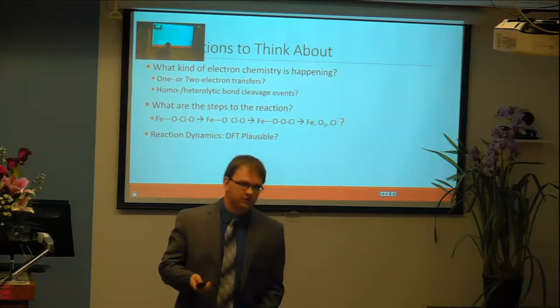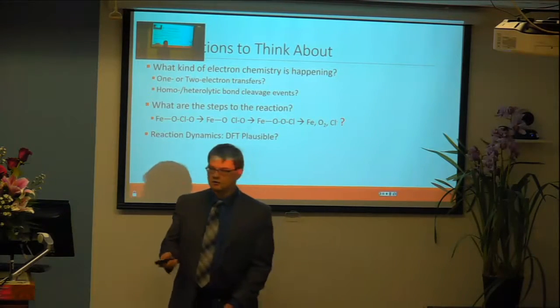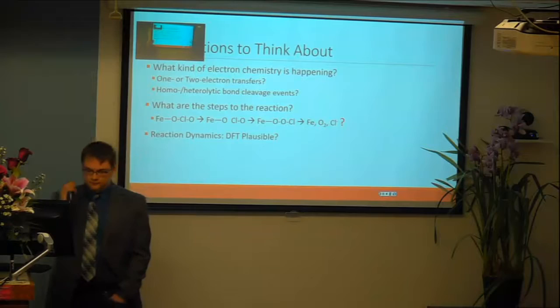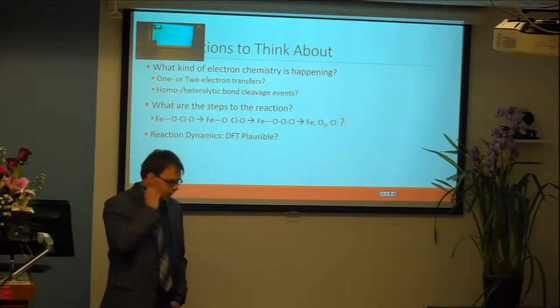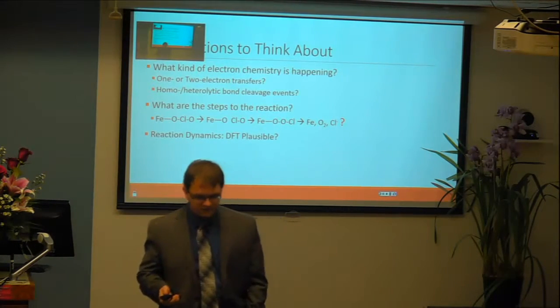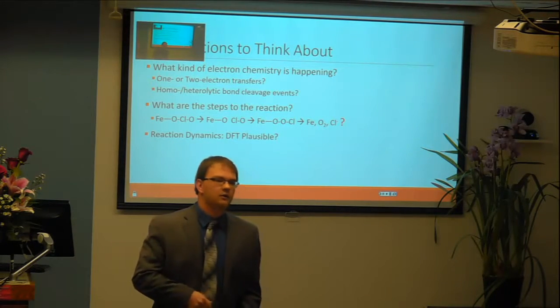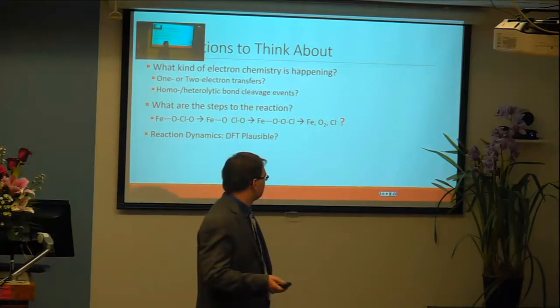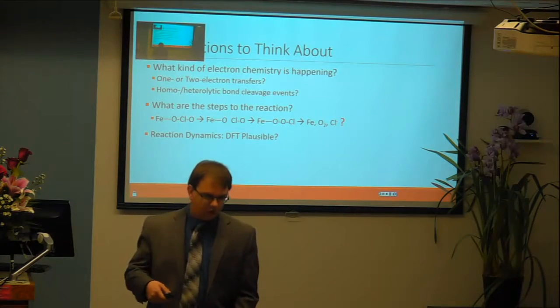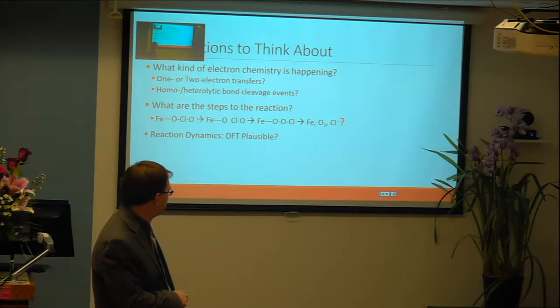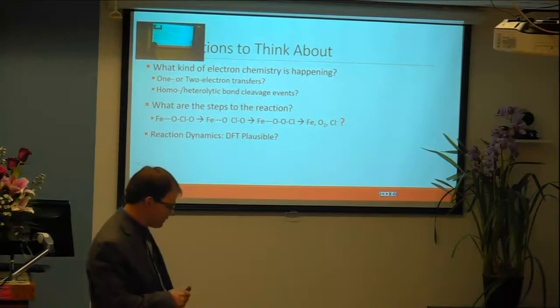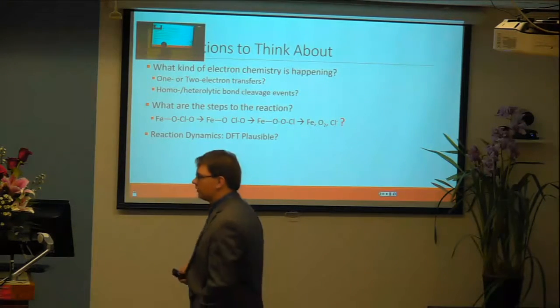But that has not necessarily been seen in experiments to my knowledge. Then, interesting fact, it produces a peroxide linkage, an oxygen-oxygen bond that has been seen in experiment. And then it would undergo another last step to produce molecular oxygen and chloride.